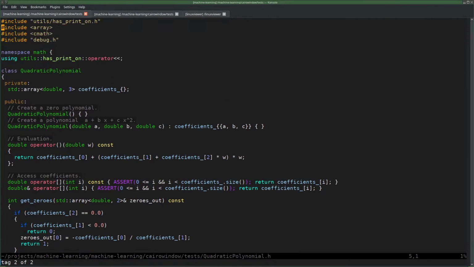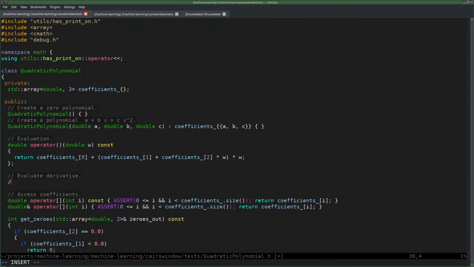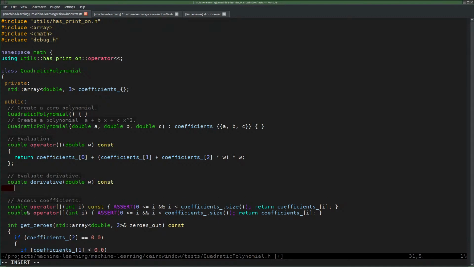Okay, so this is the normal evaluation, and I want to have an evaluate derivative, double something. Derivative, I guess. Double w. It's very double.